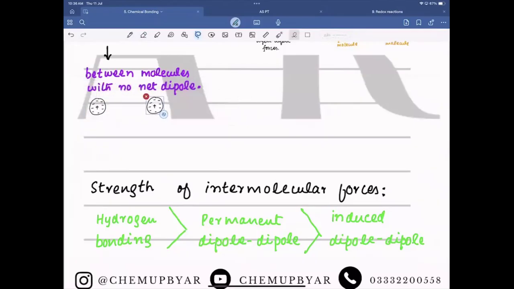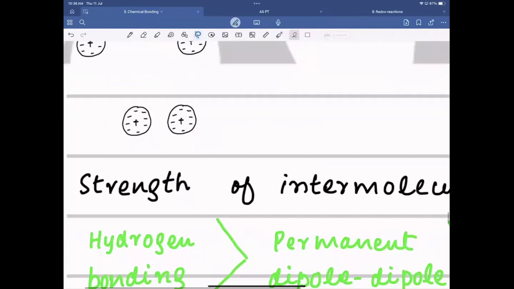So right now they are apart from each other. Now think, when they come closer to each other, what will happen? Repulsion because of the negative charges. Very good, repulsion because of the negative charges.